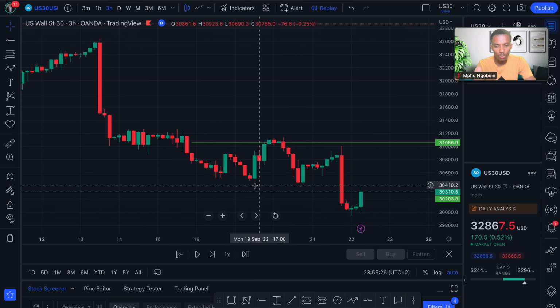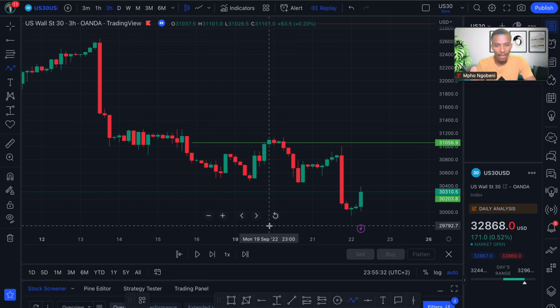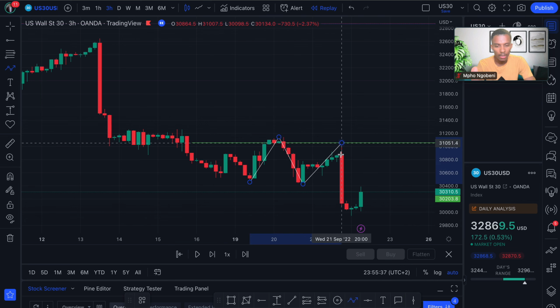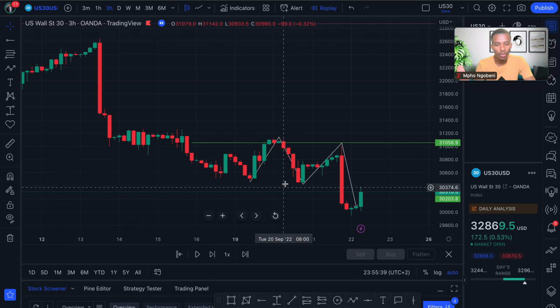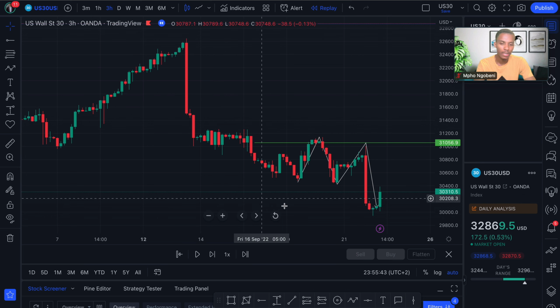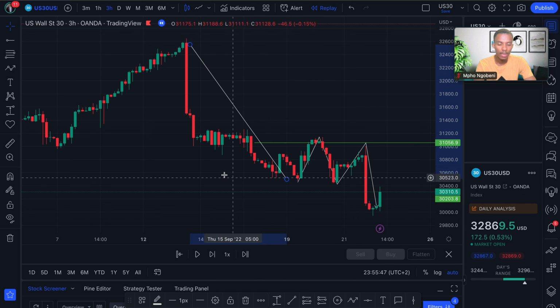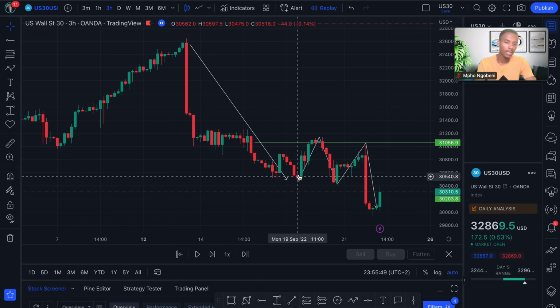It came down to retest the 19th, which was the 20th, and it went up to create a W right there, going to the downside. You remember it was coming from a downtrend, and then it created a W from up and continued down.